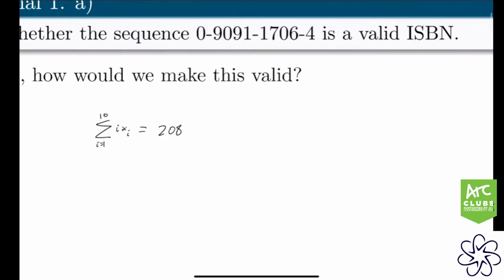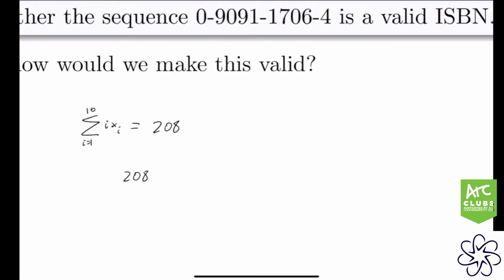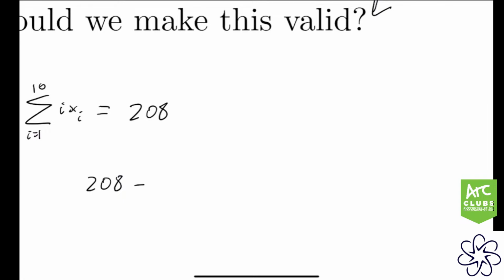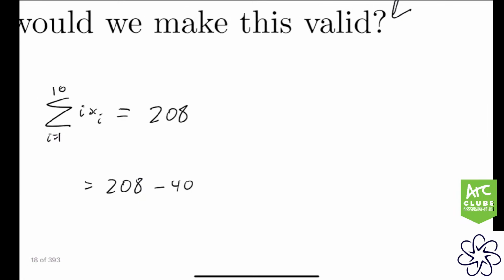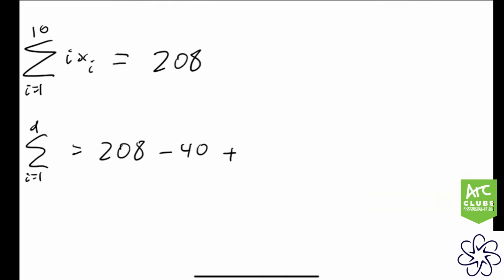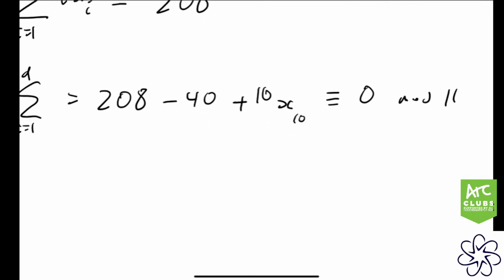And if we take away the last number multiplied by its position, so that's going to be 4 times 10, minus 40, this should be equal to the sum of the first 9 numbers, right? And then with the proper last number, this should be congruent to 0 mod 11. Simplifying a bit, we can do 168 plus 10x10 is congruent to 0 mod 11, right?